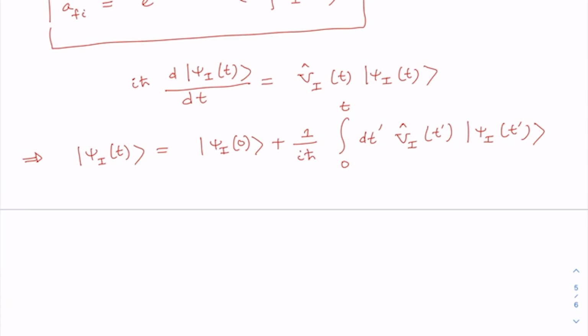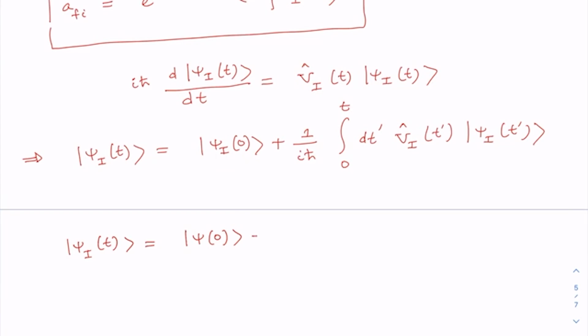Using this we can construct a series solution as follows. I can write psi_I of t is equal to psi of 0, because psi_I of 0 and psi of 0 are one and the same thing. They are similar in the Schrodinger picture as well as in the interaction picture at time t equal to 0.